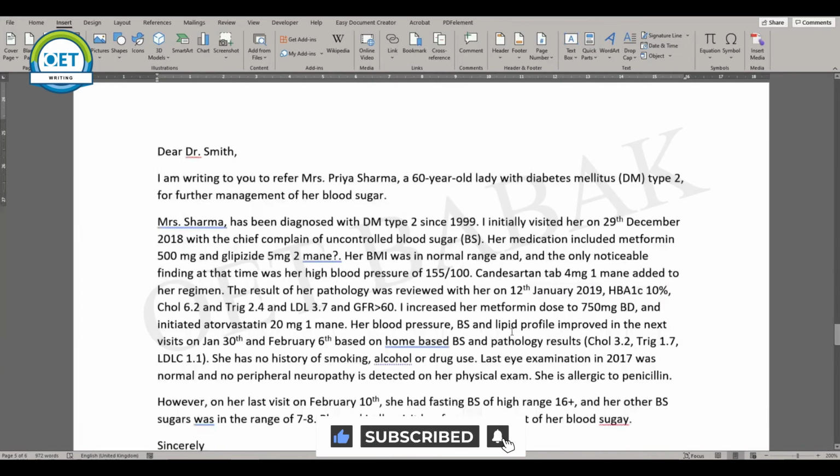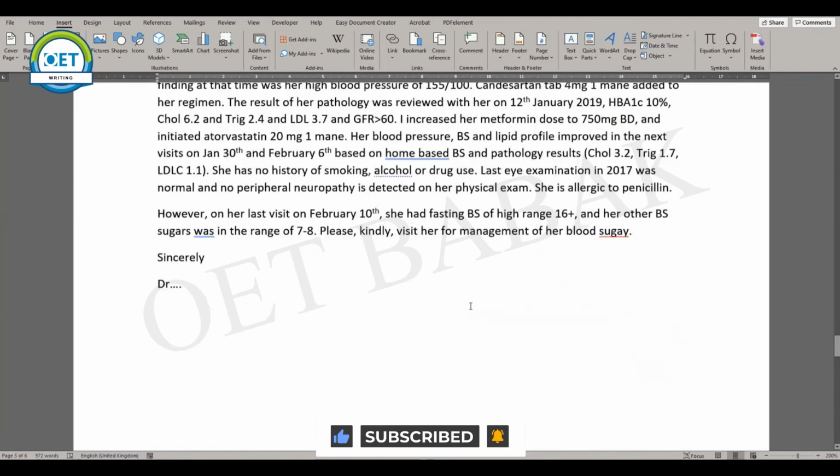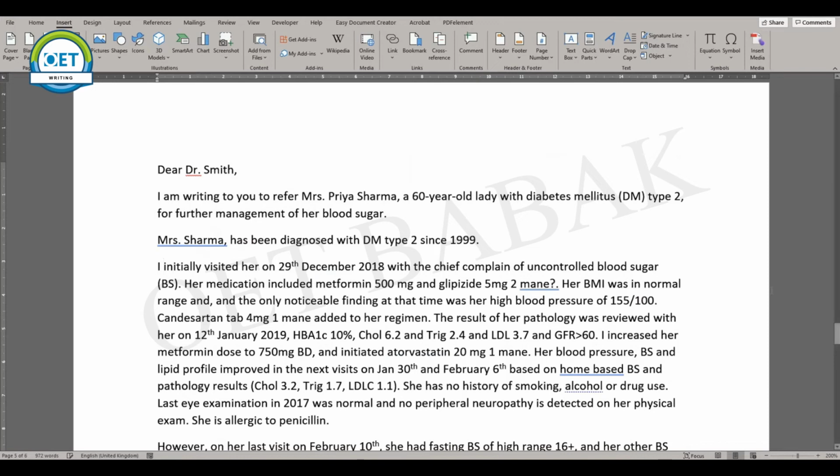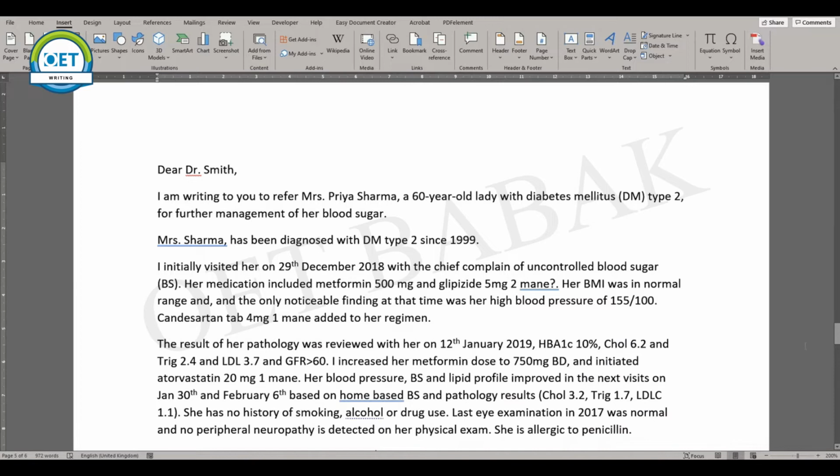So basically, we need to highlight some of this information. Mrs. Sharma, initially, you visited her here. And then what happened? Up to here, when the drugs were changed.